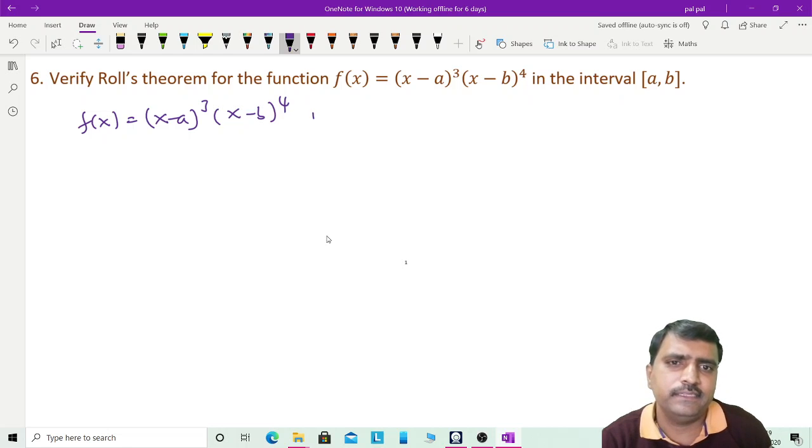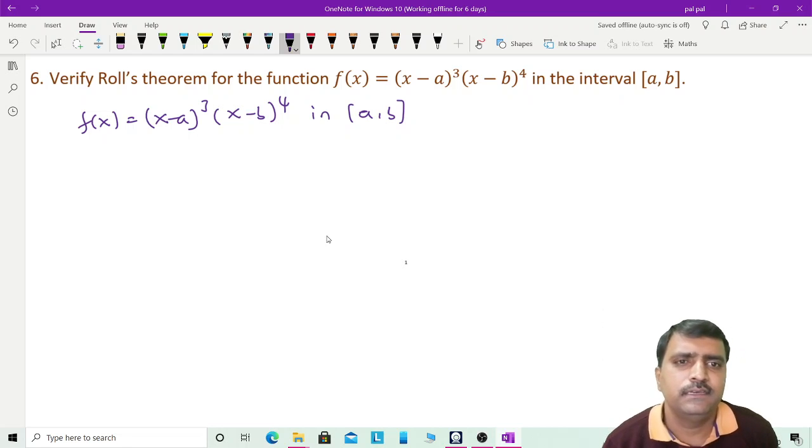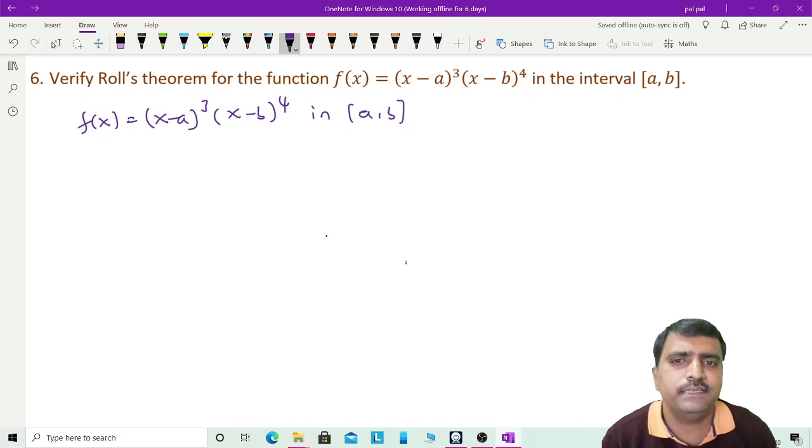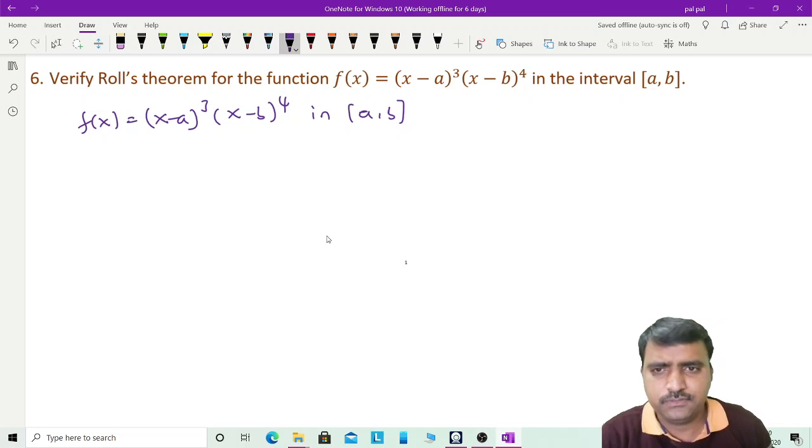It is defined in the interval a to b. We don't know what a and b are, so it is in any interval a b. So if this is a and this is b, it should be like 3, 4. That problem varies, so be ready to solve this.